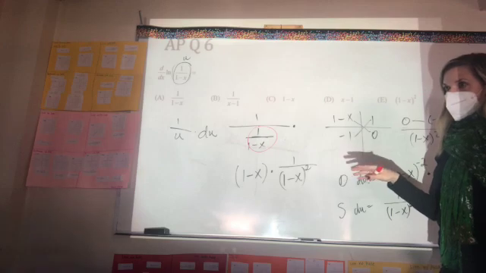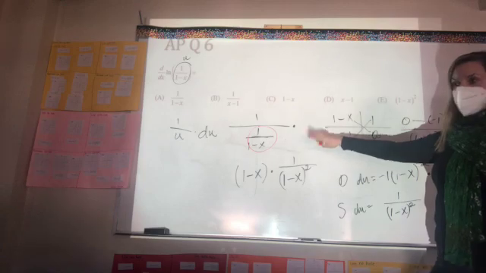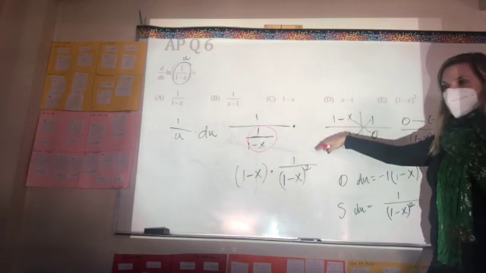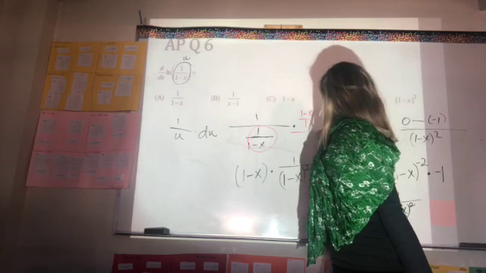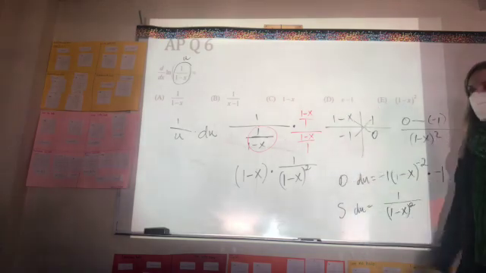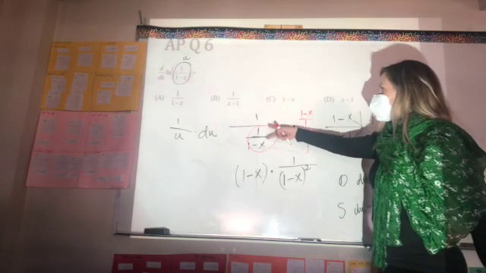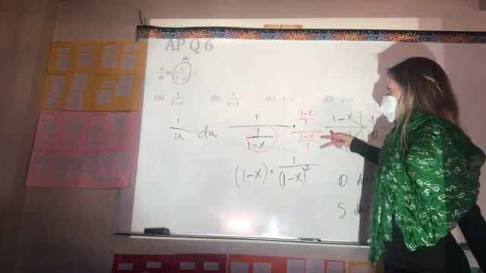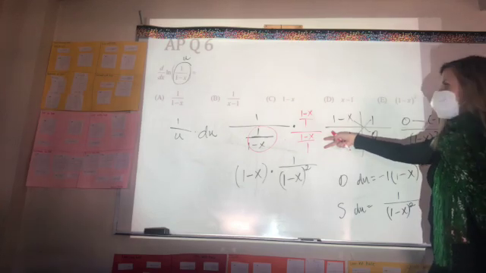I need to multiply by a form of 1. So I'm going to multiply by 1 minus x over 1 minus x. Remember, this is a form of 1, so I'm not changing it. So I take the reciprocal of the denominator and put it over itself. Not negative though, just the reciprocal of the denominator.